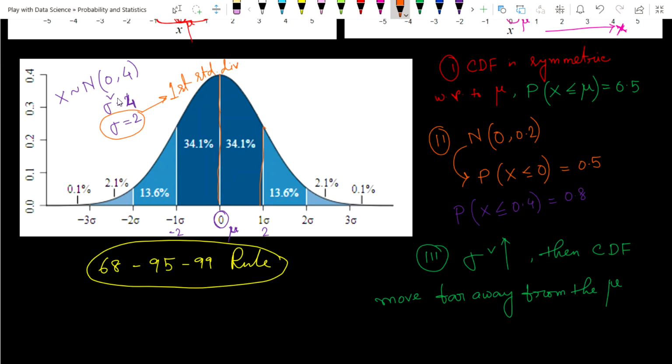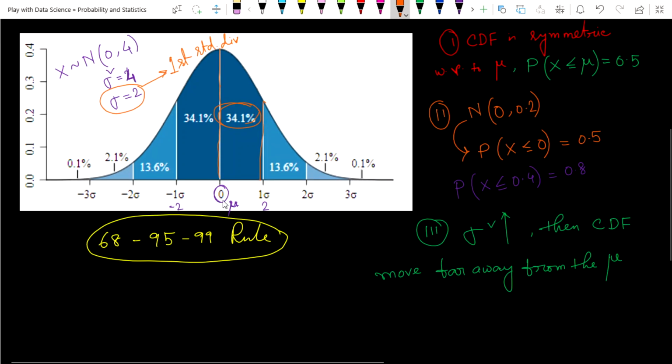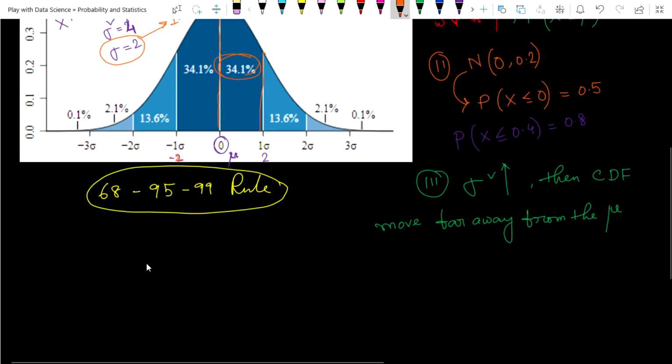Just by using this formula and these techniques, we can easily conclude that between the mean and the first deviation, 34.1% of the data lies. Similarly, between -2 and 0, that is the mean and the first deviation, it is also 34%.